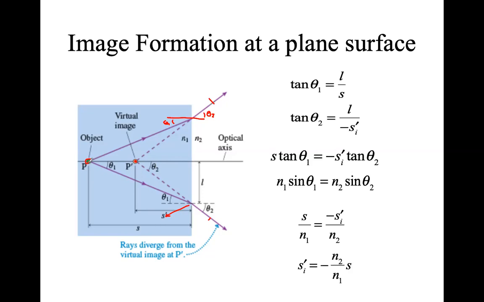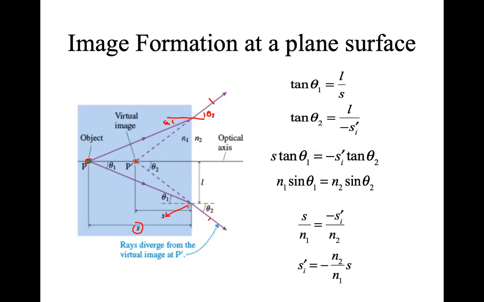A little bit on the math of this, a little bit of trigonometry. If I'm looking to find theta 1 here, that angle right there, it would be the distance L right here, which is arbitrary, divided by where the object is. Remember, we said S would be the symbol we're using for where the object is.